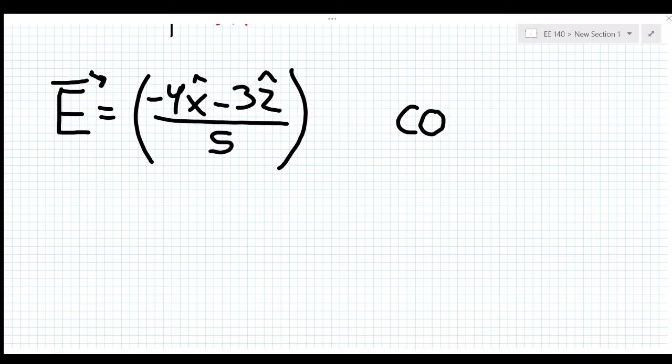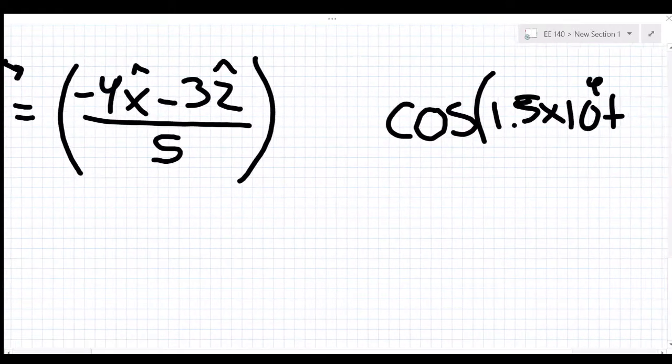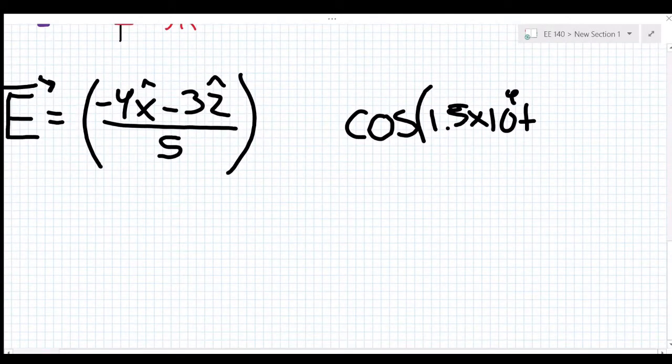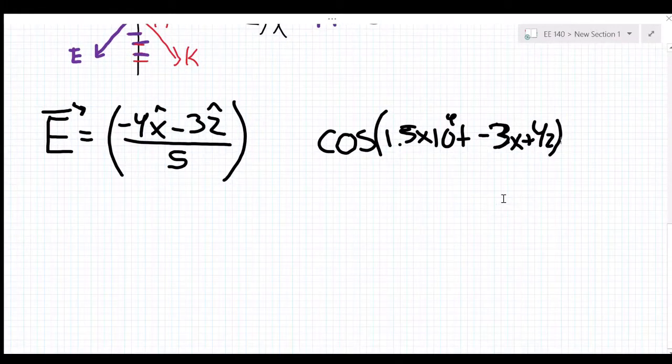And then the cosine phase will be the same as our H field, because that's true as long as the medium the wave is propagating in is lossless, which is our case. Therefore, the phase information for H will be the same for E. The E field units will be volts per meter.